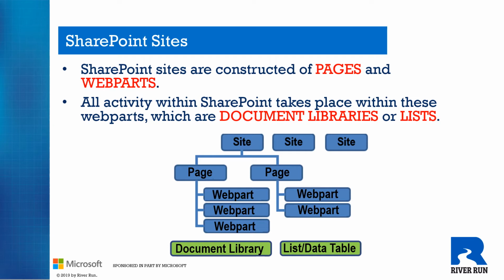A document library, or just library, contains files like Excel or Word documents, what have you, whereas lists contain data records, like Access records, or possibly Excel lists where you have columns and rows.